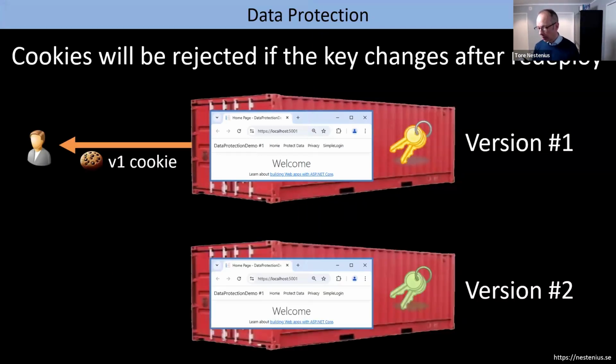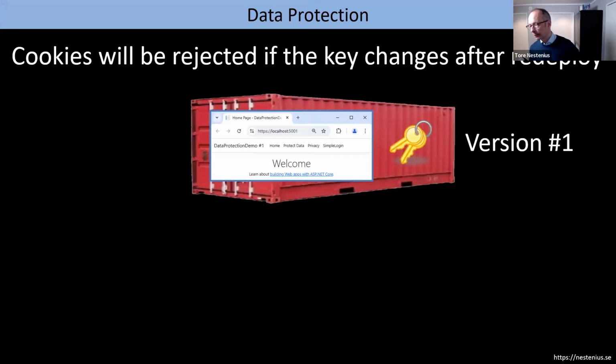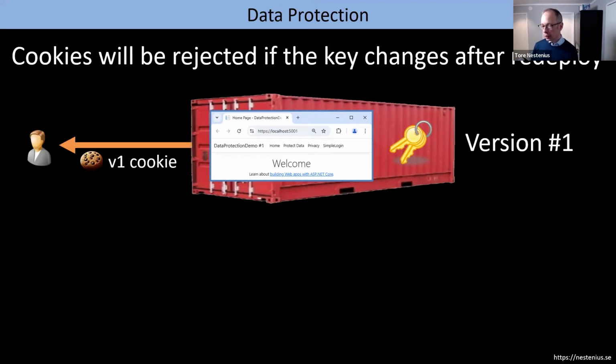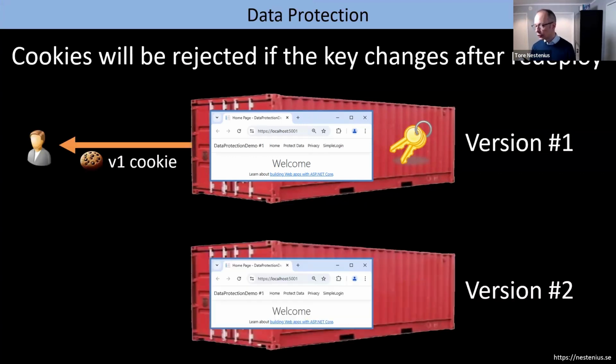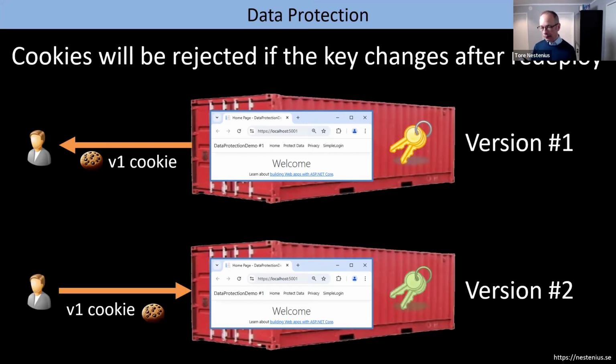And the second problem is that if you, for example, deploy version 1, you create an encryption key, you issue version 1 cookies, and then you deploy version 2, and that one creates a new key. Then if you send in version 1 cookies, those will be rejected as well. So that is also an annoying problem.